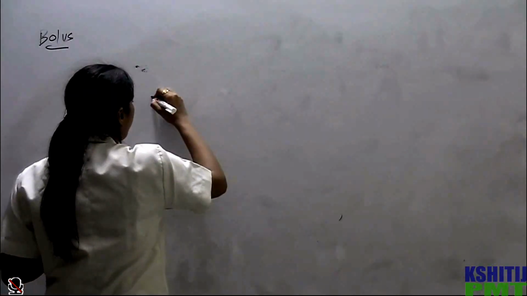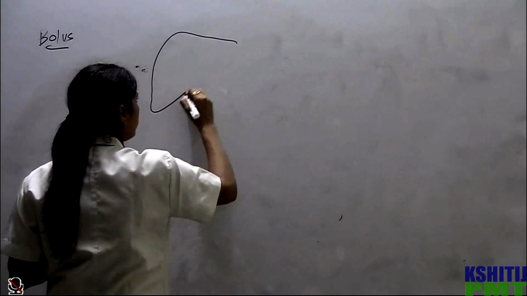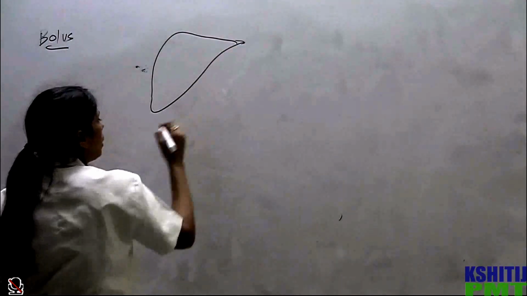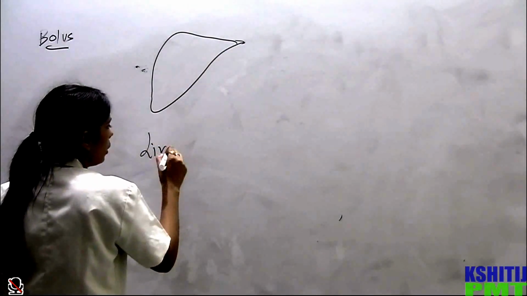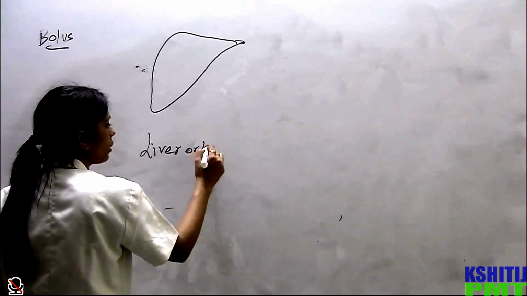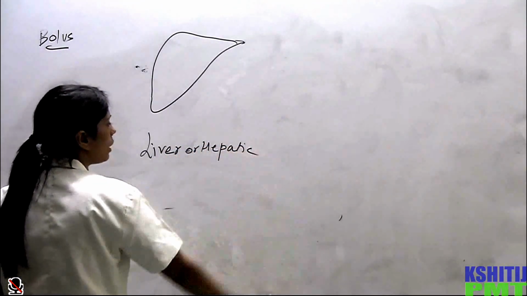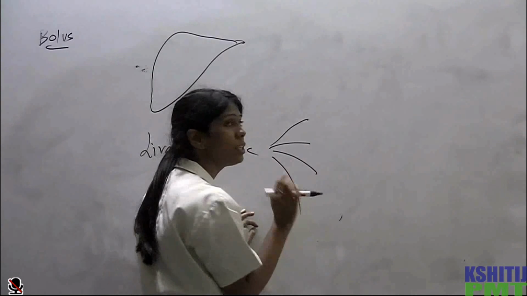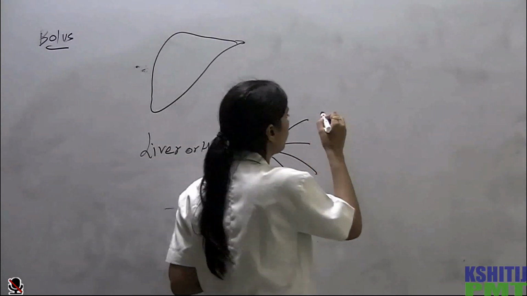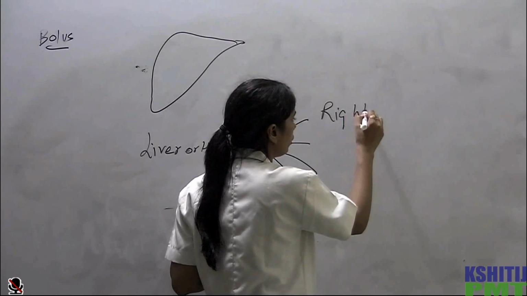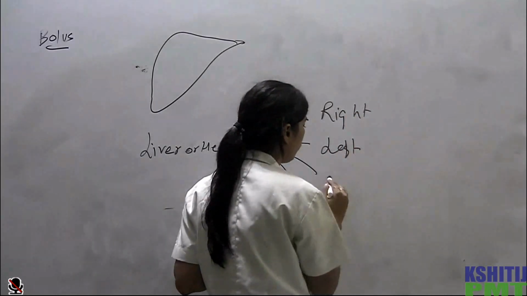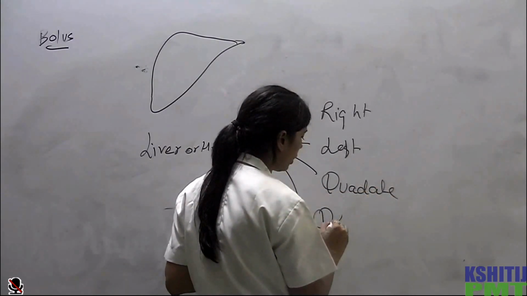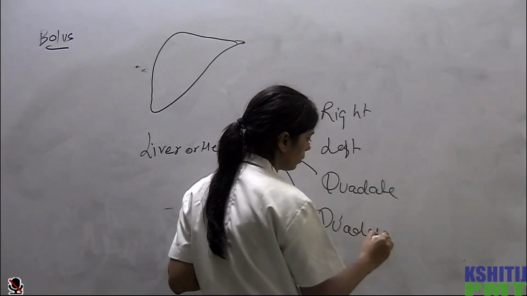So we have the liver here. This is our liver. Now we are coming to this liver part. The liver is also termed hepatic. Now the liver is divided into four lobes: right lobe, left lobe, caudate, and quadrate.